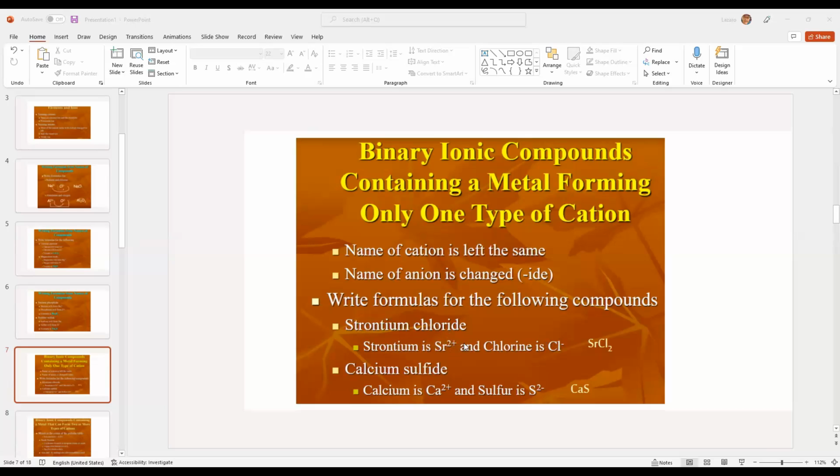You use the 2 as subscript of chlorine, and the one that is here goes as subscript of strontium. But you never write 1, because when you have this formula, you know that there is a 1 in there. In the case of calcium sulfide, as they have +2 and -2, they cancel, and the formula is CaS.